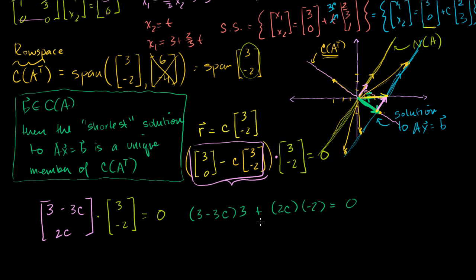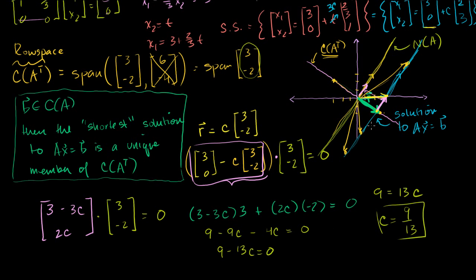So then what do we have here? We have 3 times 3 is 9, minus 9c, plus 4c, is equal to 0. If we add, this is 9 minus 5c is equal to 0. So 9 is equal to 5c, or c is equal to 9 over 5.